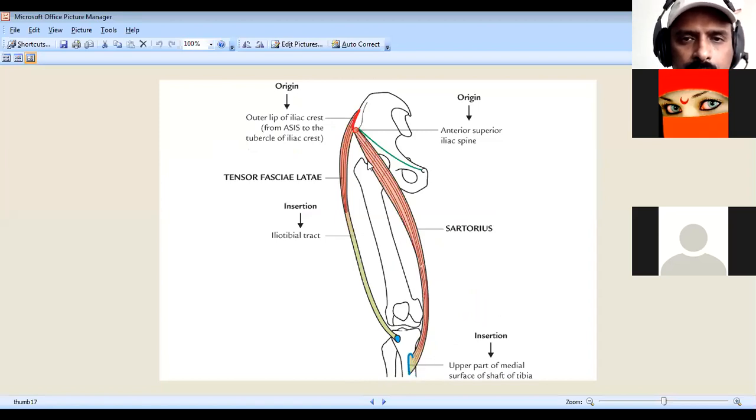It is the longest muscle, also called the tailor's muscle, because the movement at the hip and knee is like that of paddling. That means flexion at the hip, and flexion at the knee. That is all done by the sartorius muscle, so you have to remember that.